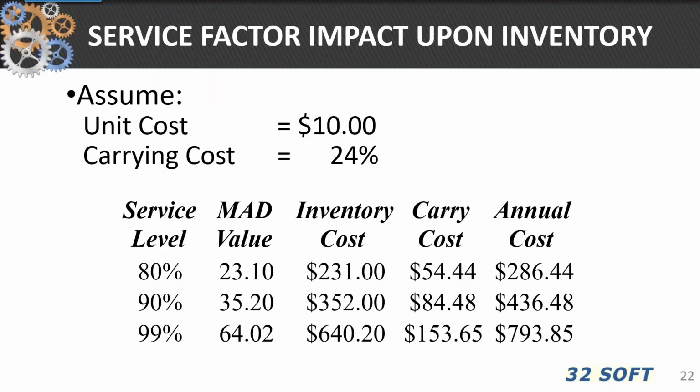Here we see that an 80% service level might require an annual cost of $286, but to increase that service level to 99%, you would have almost 93% more inventory to cover that 99% coverage.